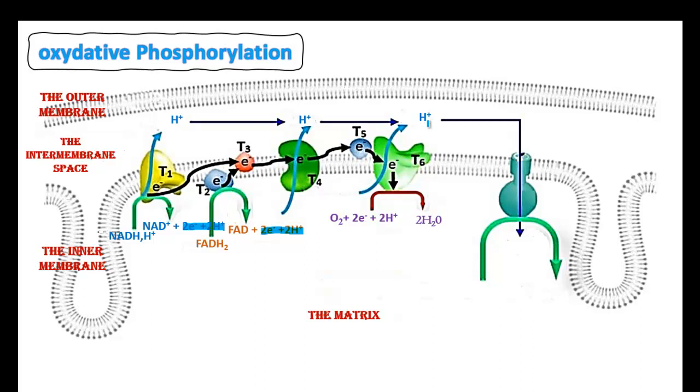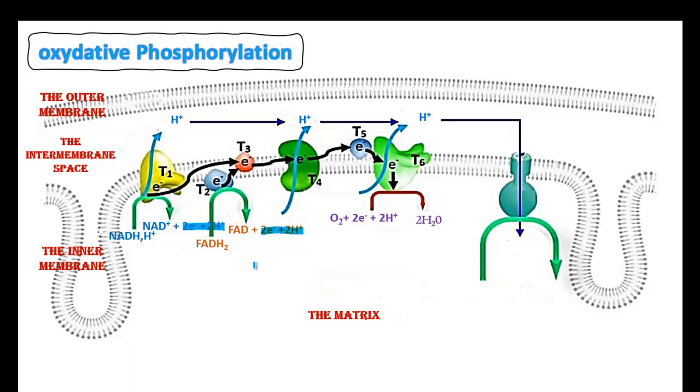The pumping of protons will create an electrochemical gradient, which means we will have proton accumulation in the intermembrane space of the mitochondria, which is going to make the concentration of protons over here increase. And on the other side, the proton concentration is going to decrease in the matrix.